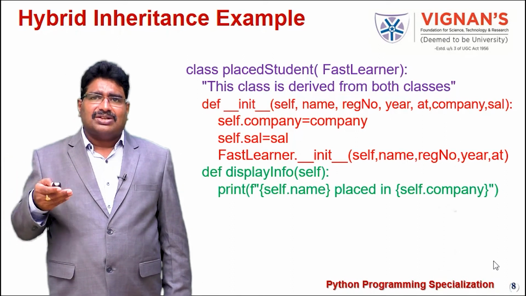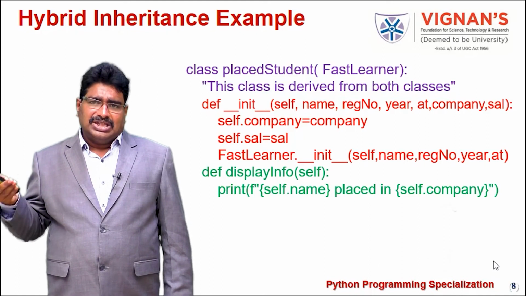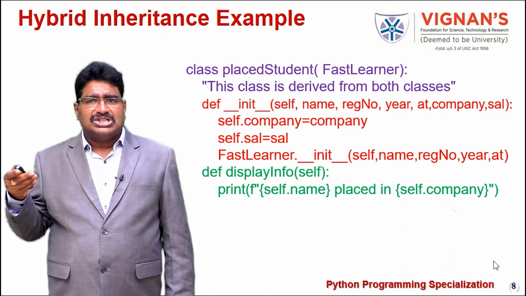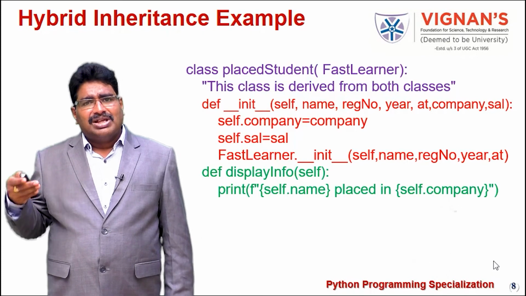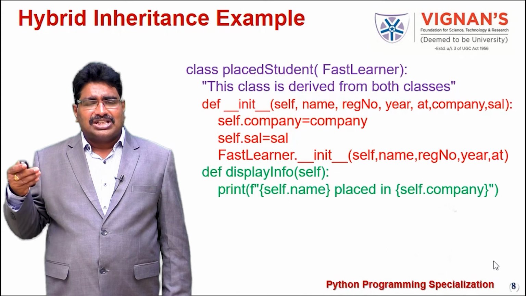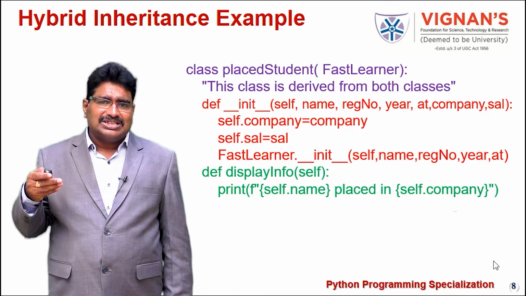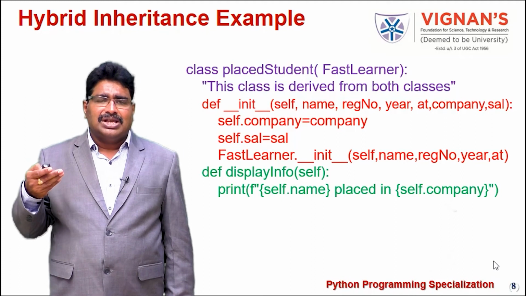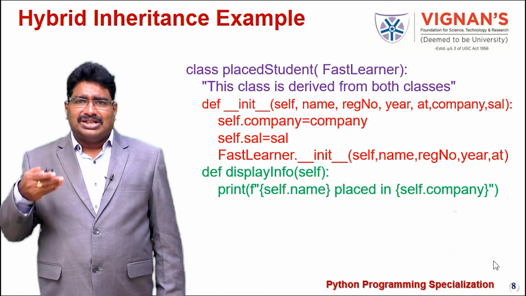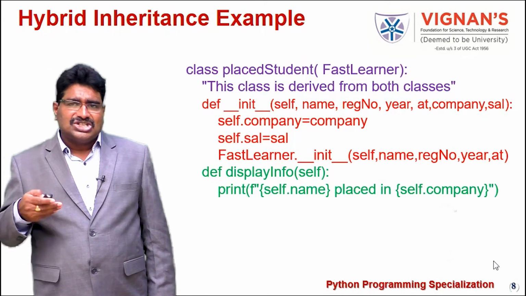And in the constructor, we are passing the parameters name, register number, year, and the additional courses he is studying. In addition, which company he is placed in and what his salary is. So these are the parameters we are passing. We know that company and salary are the newly added attributes of the placed student. For that reason, we are assigning self.company equal to company and self.sal equal to sal.